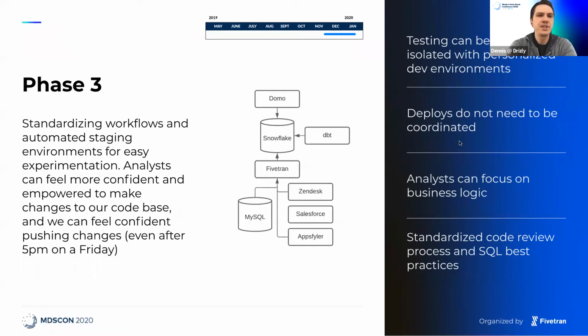So they can make changes, make sure all their data tests run, put out a PR, merge it, and then feel confident that the next time that our DBT transformation runs, their changes will be reflected.